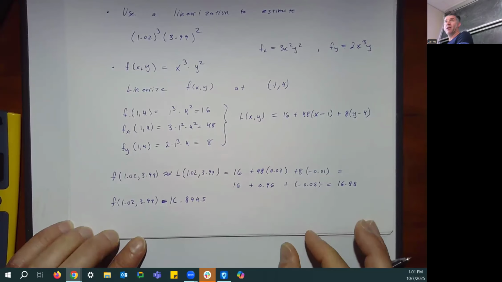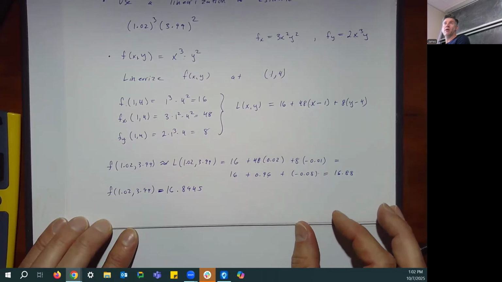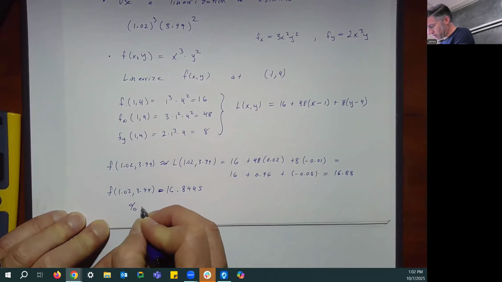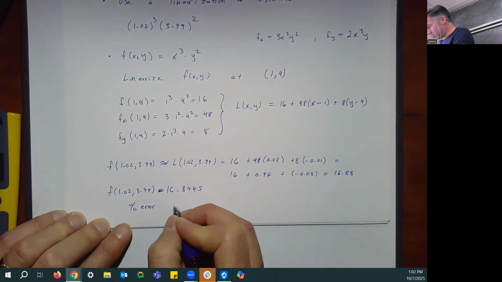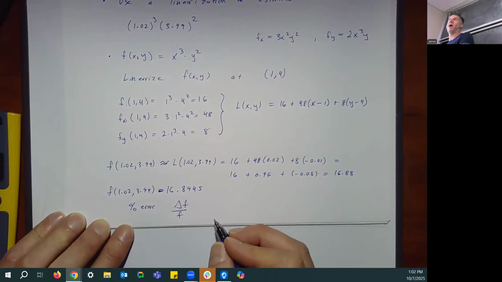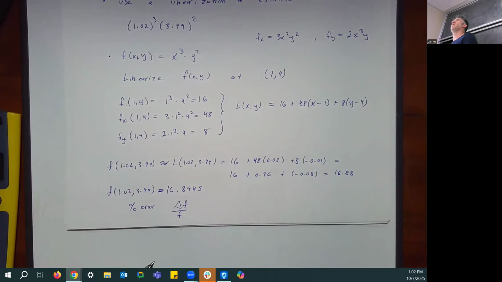It's 16.8945. So then the percentage error is the error divided by the original value. So your percentage error is going to be the change in your function value divided by your function value. It's not technically times 100, right? This will be a decimal, and then you multiply that decimal by 100 to get the percentage error.